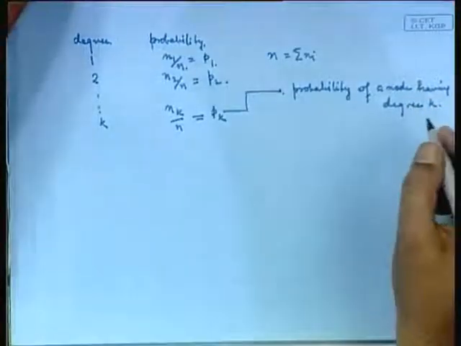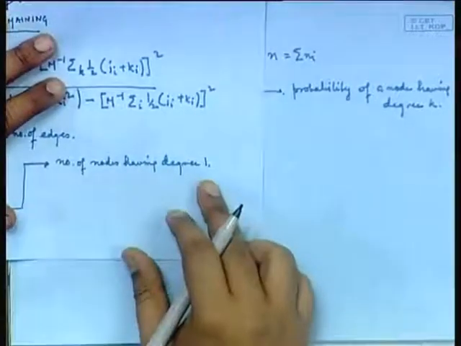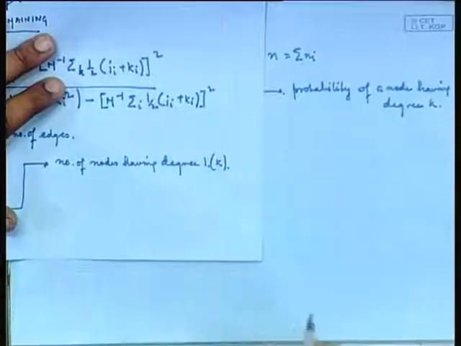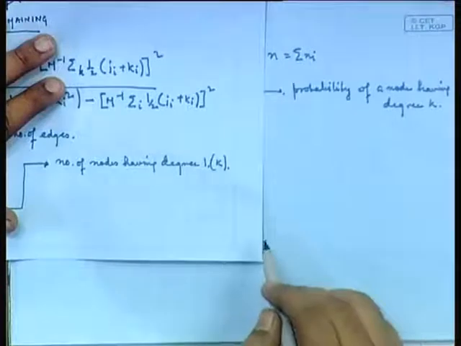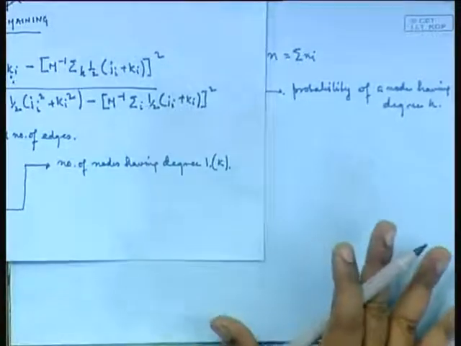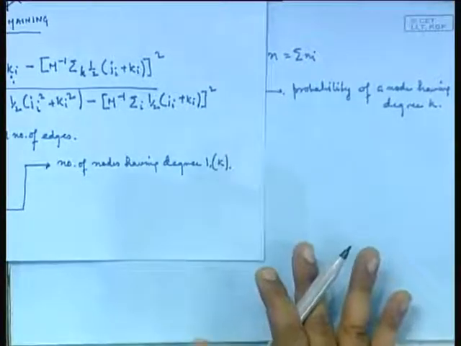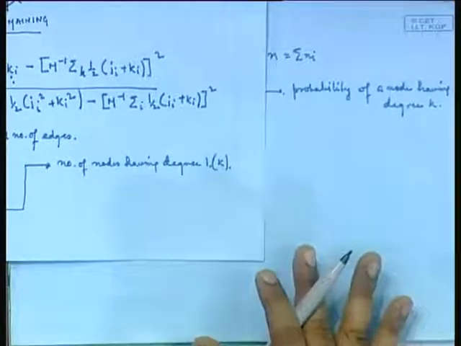It is a little different from this. Here it was the number of nodes having degree k, whichever you want to say. Now you go to one node, and ask the probability that a node is having degree k. Clear? So, this is what is degree distribution. Okay, I hope it is clear.